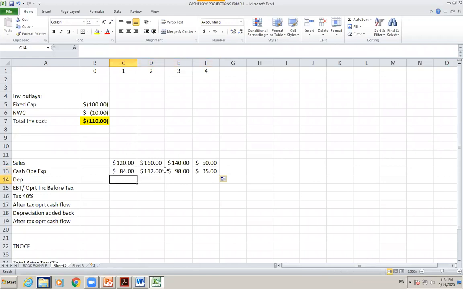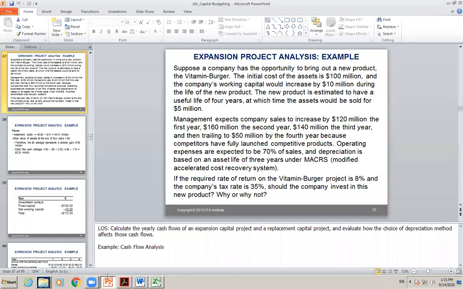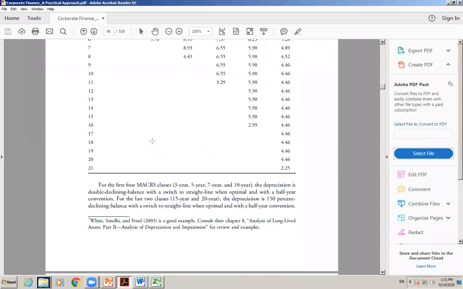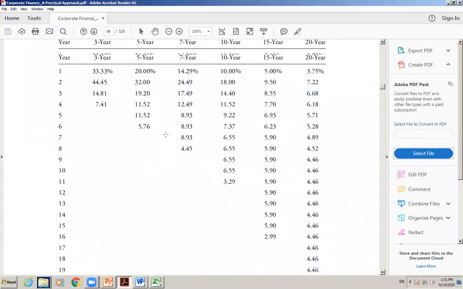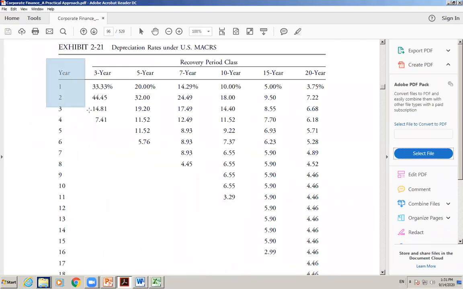For depreciation, we can use straight line, but we are asked to use the modified accelerated depreciation rate for 3 years under MACRS. So there is a table here, and we need to use this table, this part.